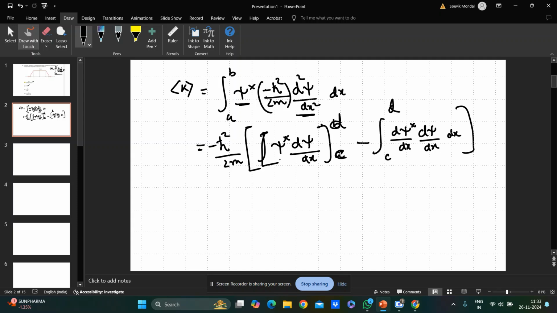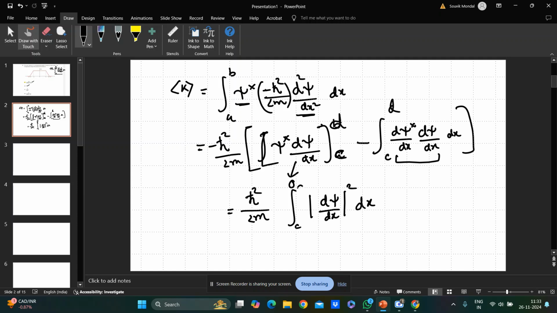Now, if your wave function is well behaved, that means if in the lower limit this psi star goes to 0, and in the upper limit also this psi star goes to 0, then this term is 0. Okay, so there is a minus sign here, so make it plus. And what is this term? This term is simply mod d phi dx whole square, right? There is phi star, there is phi, and same thing. So this is mod d phi dx whole square, c to d.